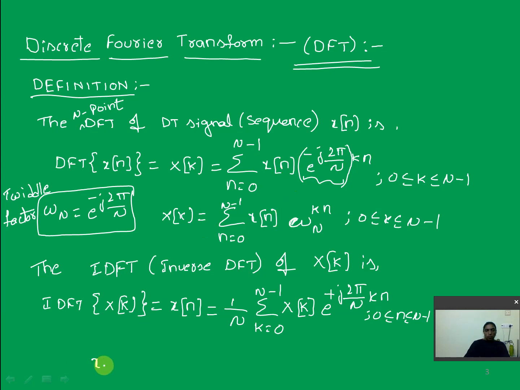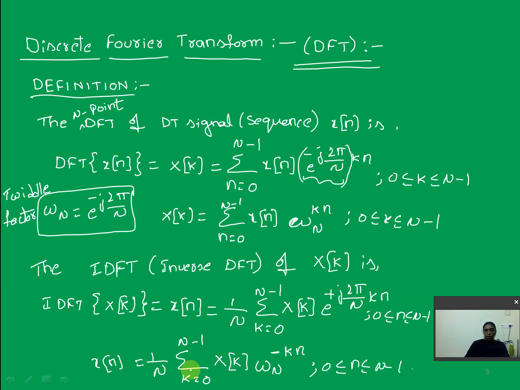Now x of n is also rewritten in terms of the twiddle factor: summation k equals 0 to N minus 1 X of k W N power minus kn. Here e power plus j 2 pi by N is there, that's why we use minus, which gives e power minus j 2 pi by N whole power minus kn, hence you get e power plus j 2 pi by N kn, right?